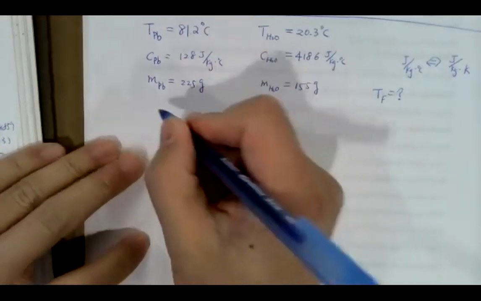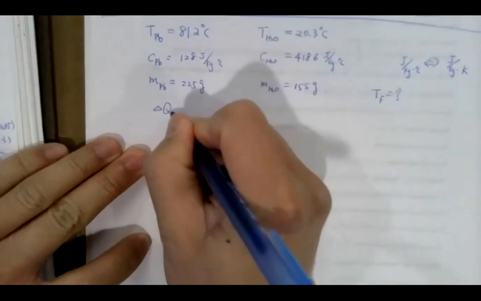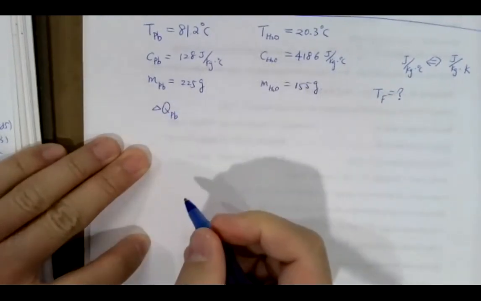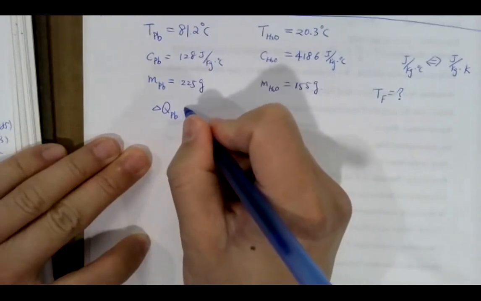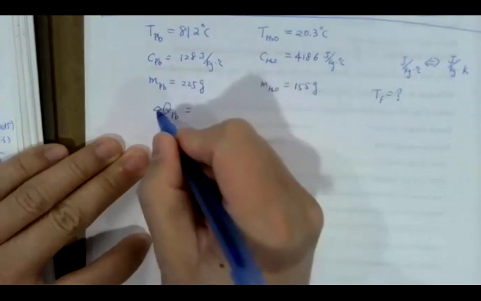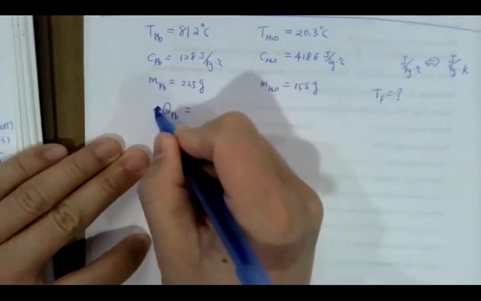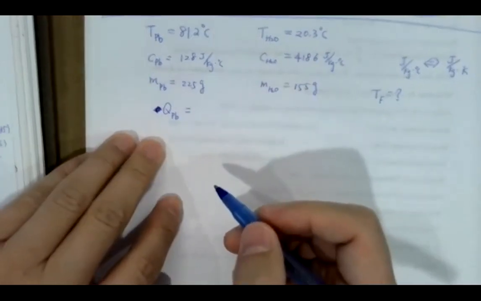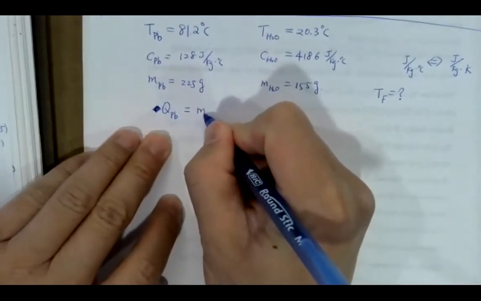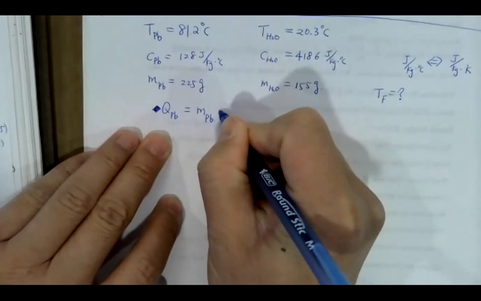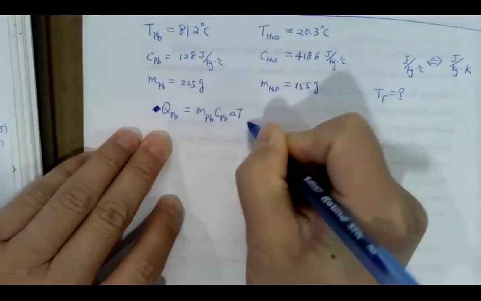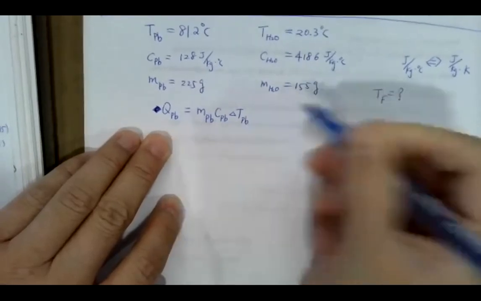For the metal, delta Q, let's just say Q. That means the heat change is equal to the mass times the specific heat capacity times delta T, of the lead, PB.